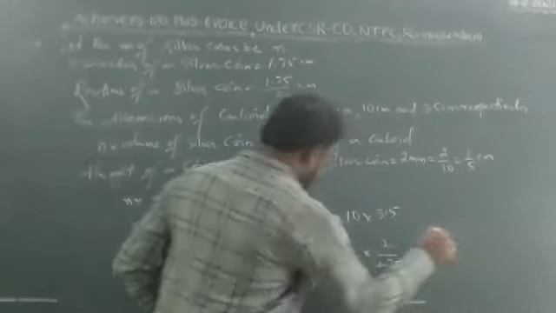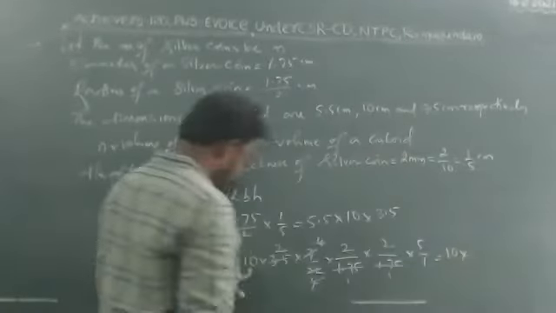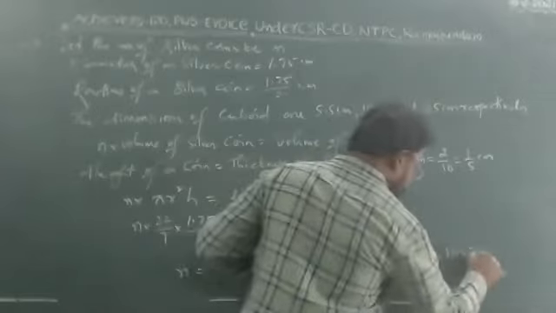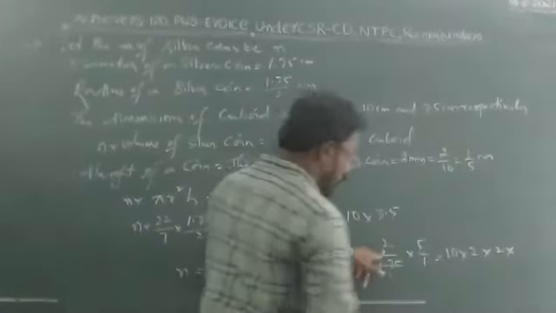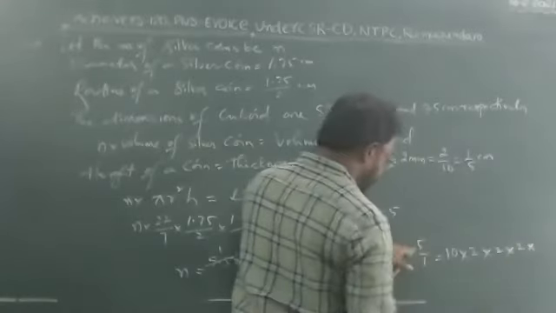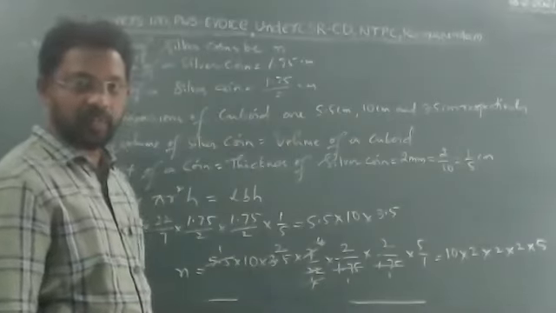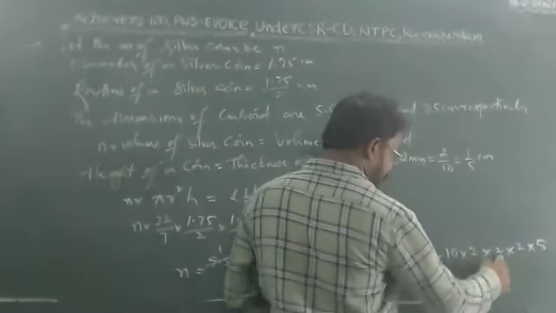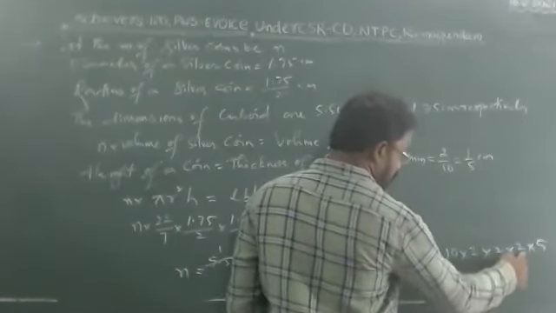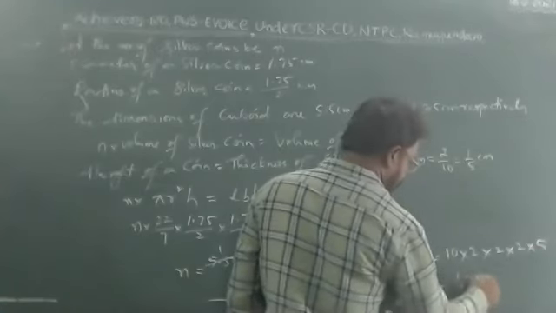The numerators left are 10, into 2, into another 2, and 5. Finally, 10 2s are 20, 20 2s are 40, 40 2s are 80, 80 5s are 400 coins.